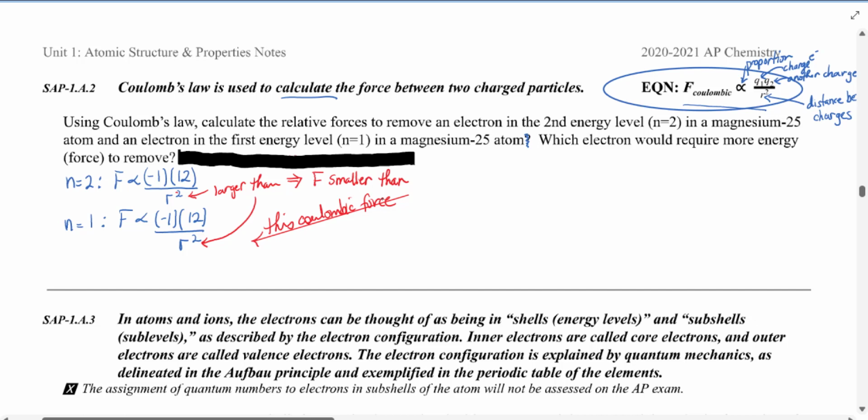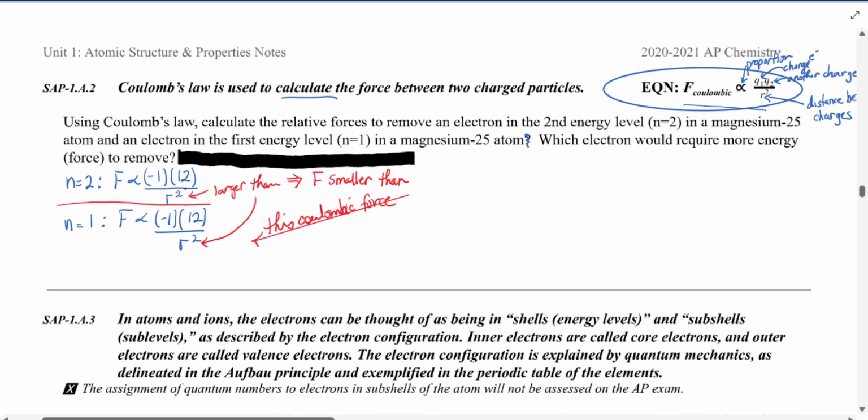Basically, if this were a free response question, you would have to write Coulomb's law and then write the charges and then say that the distance in energy level 2 is greater than the distance in energy level 1 between the electron and its nucleus. And therefore, because the distance is larger in energy level 2, between the nucleus and the electron that's going to be removed, the force would be smaller.